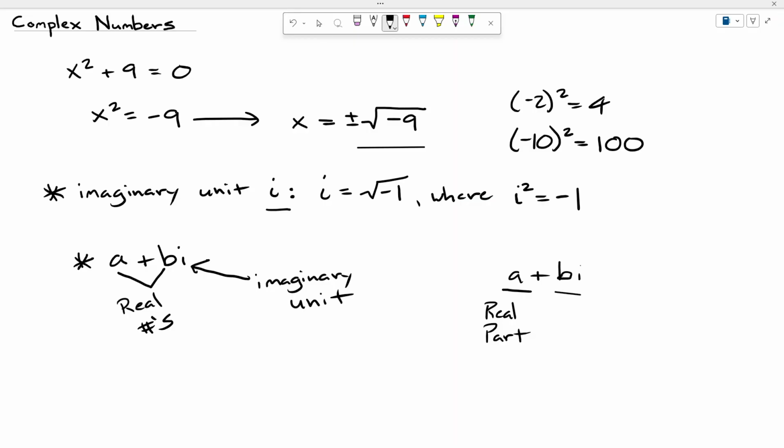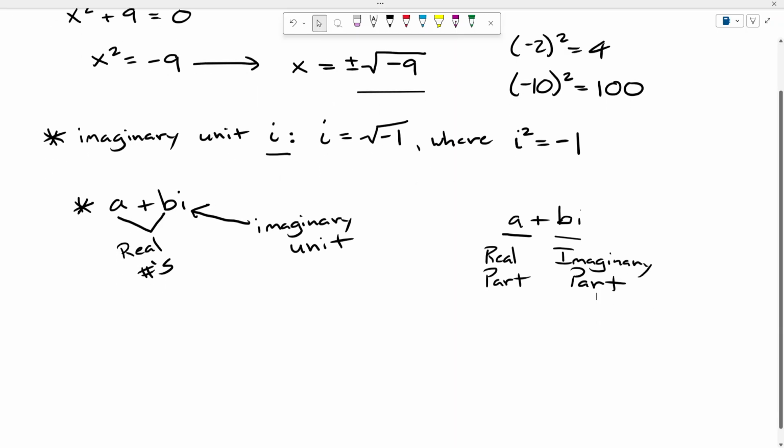And then b is the imaginary part, which would make sense, of course, being as b is tied to the imaginary unit i. So just remember, a and b are real numbers. i is the imaginary unit. But if we're asking for the two specific halves of the complex number, a is the real part and b is the imaginary part, if we're splitting it into parts specifically.